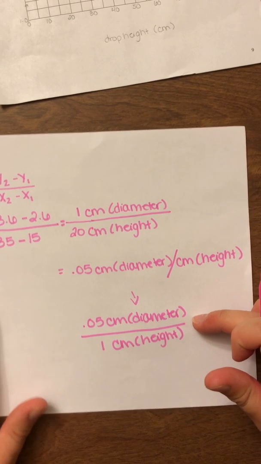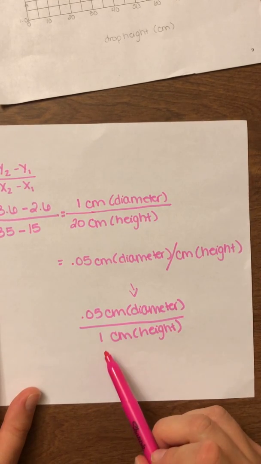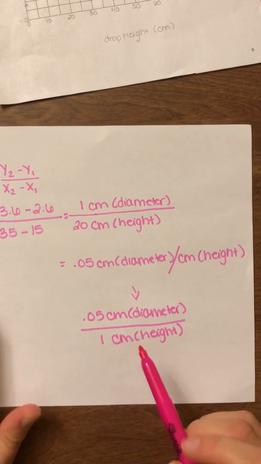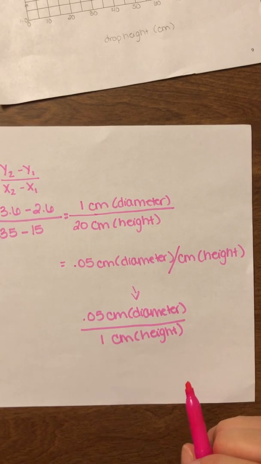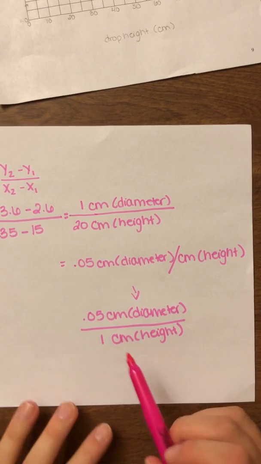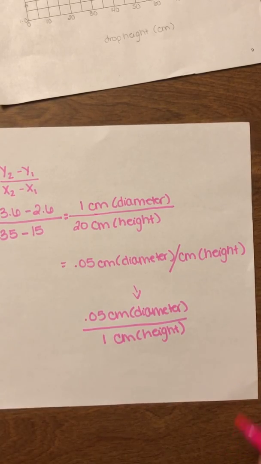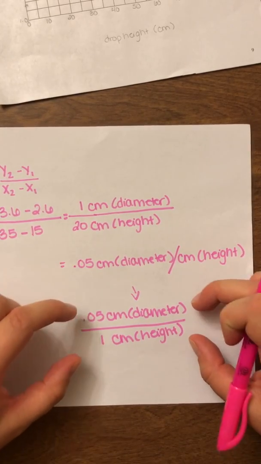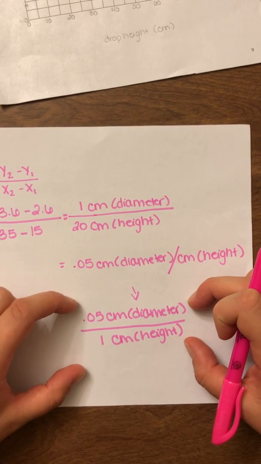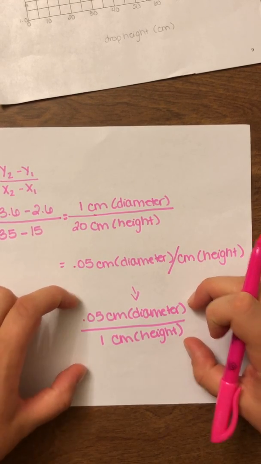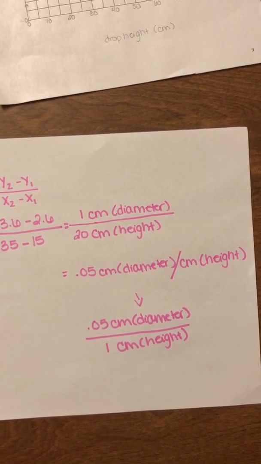What this slope tells me is that for 1 centimeter that we increase the height, that diameter will increase 0.05 centimeters. This is my analysis, determining my slope. Your interpretation is where you are using that slope and putting it into a sentence.